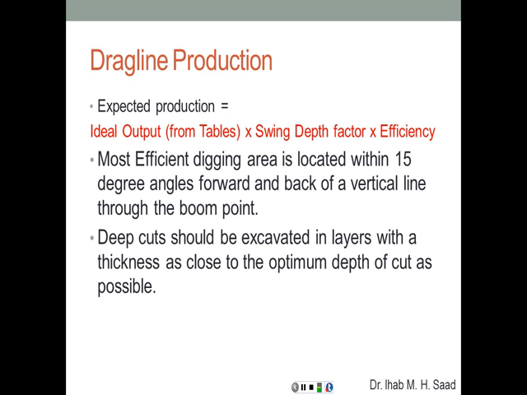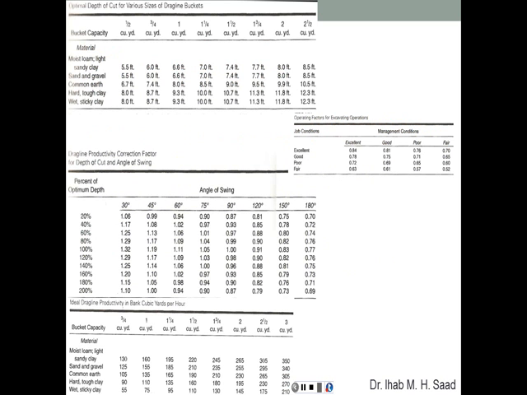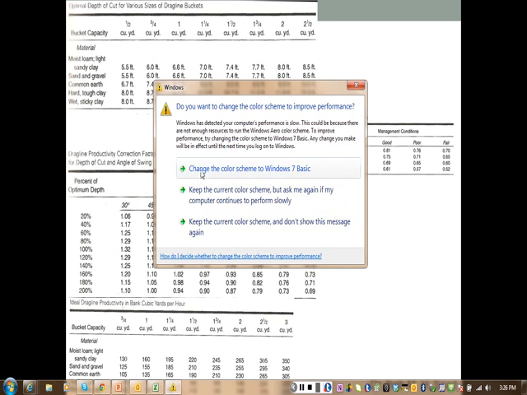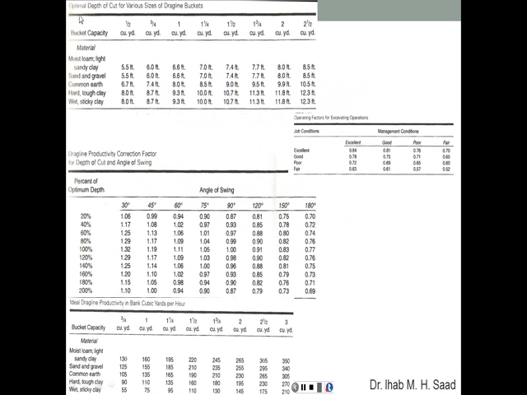Deep cuts should be excavated in layers with a thickness as close to the optimum depth of cut as possible, to increase the production rate. So here, for example, we have the optimum depth of cut of various sizes of dragline buckets. For different types of soil, this gives us the optimum depth of cut for a 3/4 cubic yard, for 1¼ cubic yards, and so on.